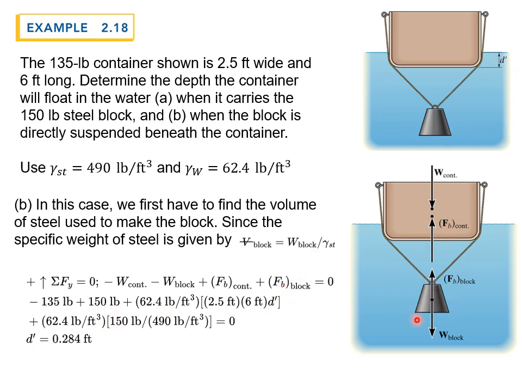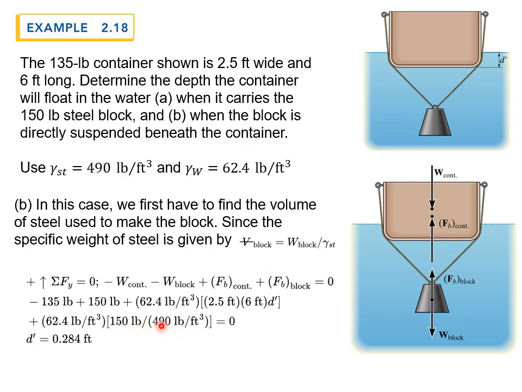Now, we also have to consider the volume displaced by the block. So we have to find this volume. The volume of the block is simply going to be the weight of the block divided by its density. So we have the 150 pound block divided by the density of steel.